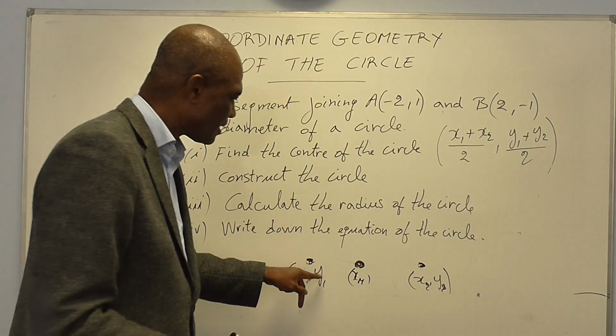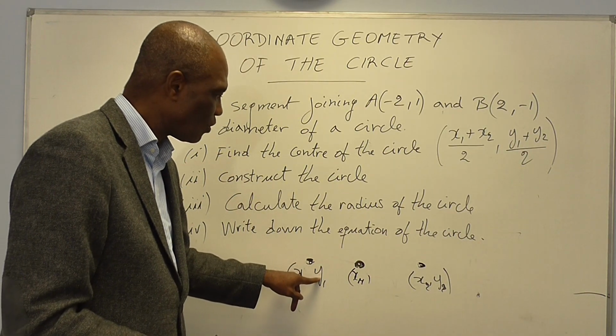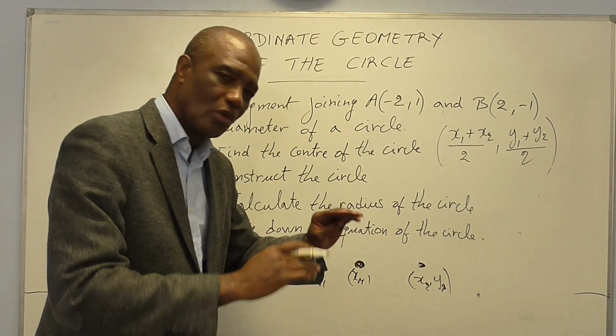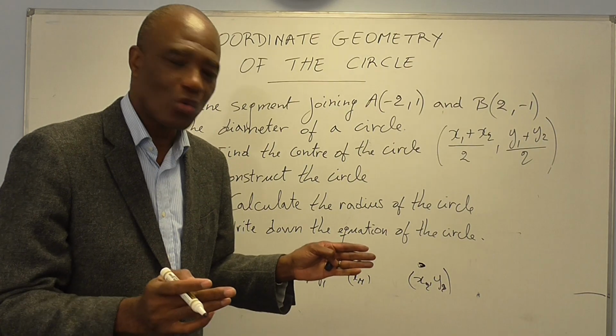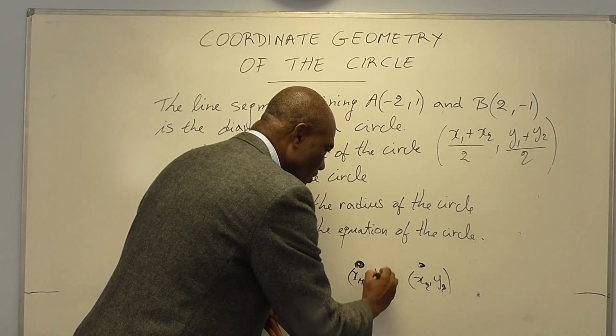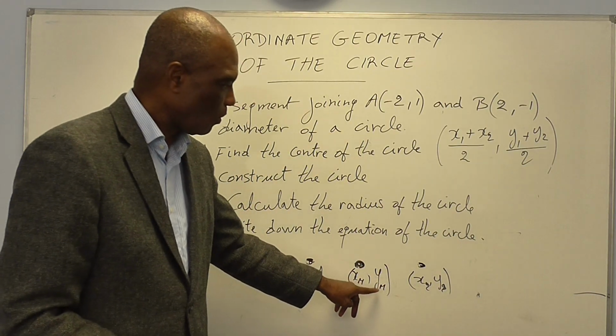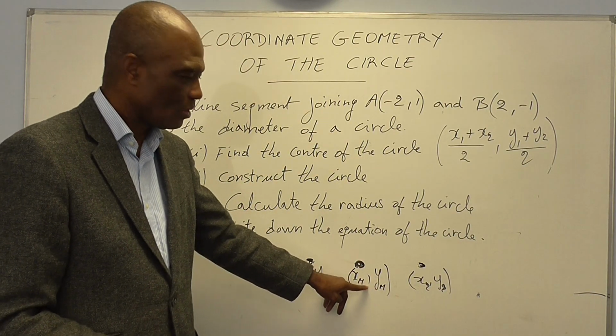Then if you add the y value of this point and the y value of the other point, and divide by 2, you get the mid value of y that we have there.